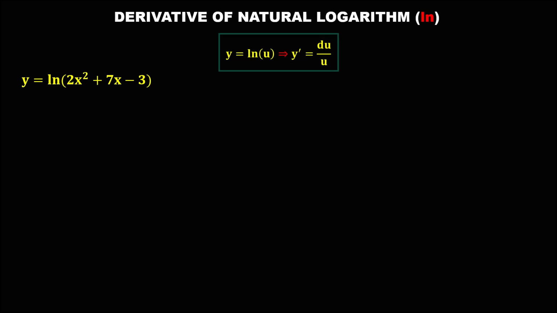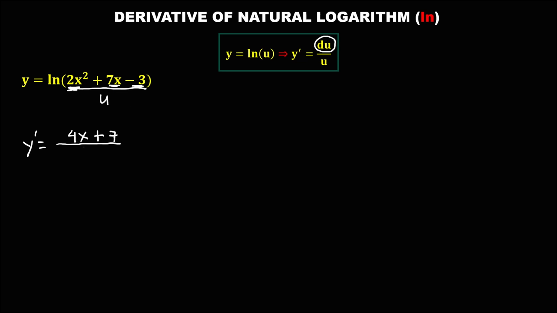Then for this given, to find the derivative, again, this is u. So we have now y prime equals, so take note that in the numerator, the derivative of u, so the derivative of 2x squared is 4x, then plus the derivative of 7x, which is 7, and the derivative of a constant is 0.